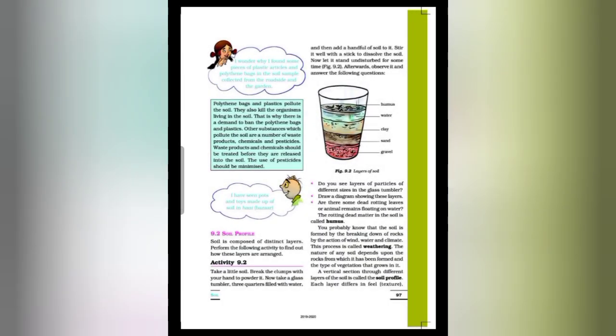The process of breakdown of huge rocks into small rock particles by the action of sun's heat, wind, rain, flowing water, climatic condition is called weathering. Weathering of rocks is a very slow process, and it takes millions of years to break huge rocks into fine particles to make soil.